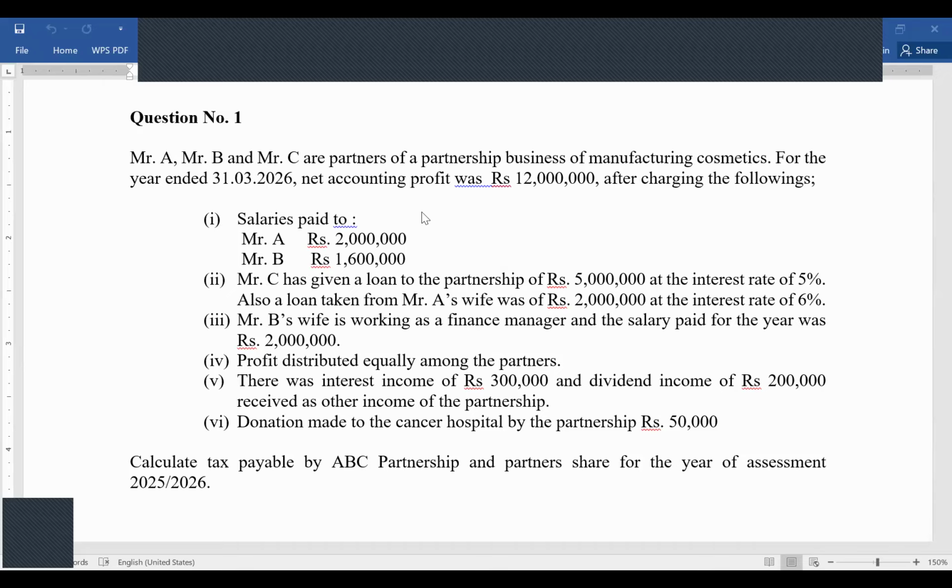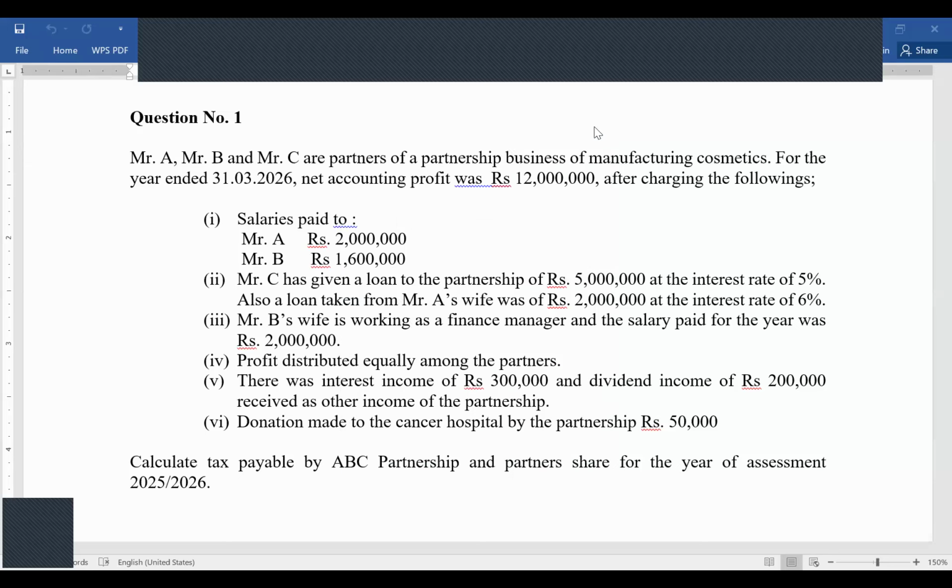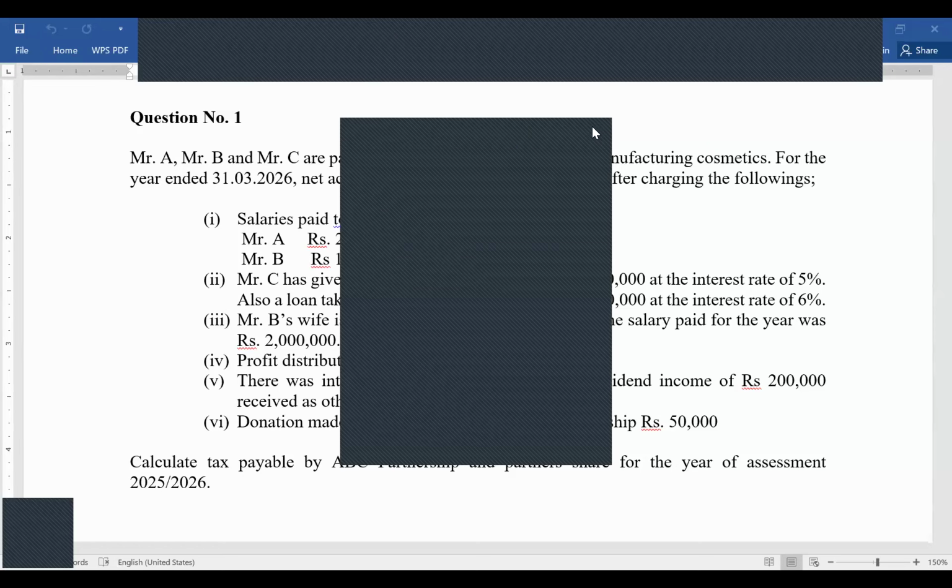Salaries paid to partners, interest paid to partners. Can we allow it? No. Yes, very good. It is not allowed because it has specifically mentioned that any service fees paid to partners are not allowed.